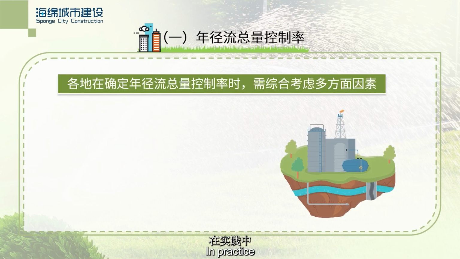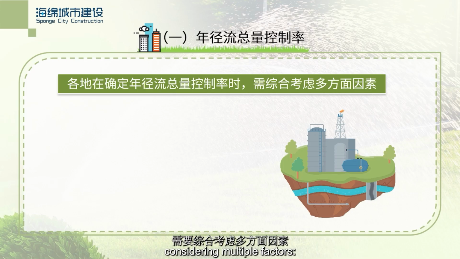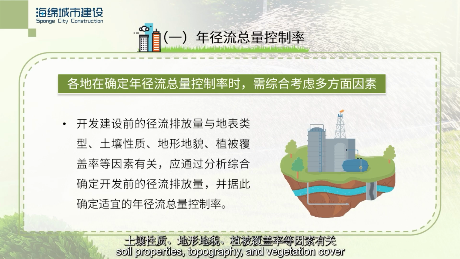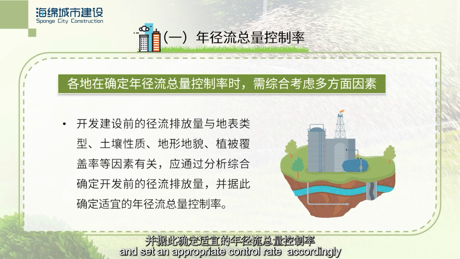In practice, determining the annual total runoff volume control rate requires considering multiple factors. On one hand, pre-development runoff is influenced by surface type, soil properties, topography, and vegetation cover, which should be determined through comprehensive analysis and set an appropriate control rate accordingly.